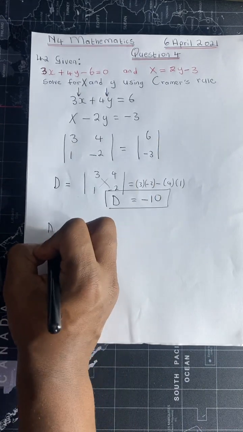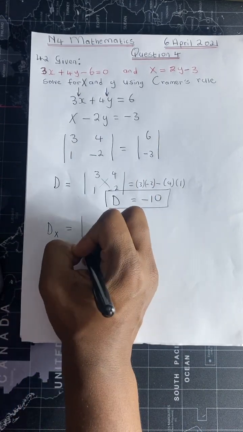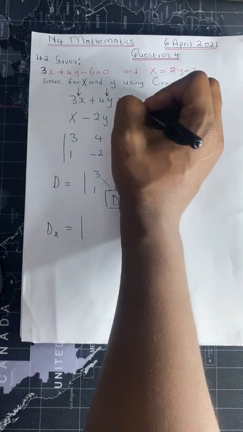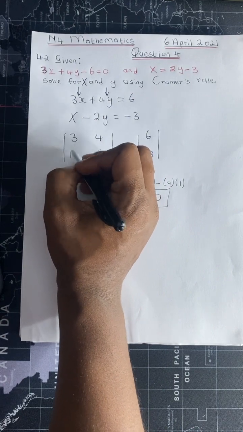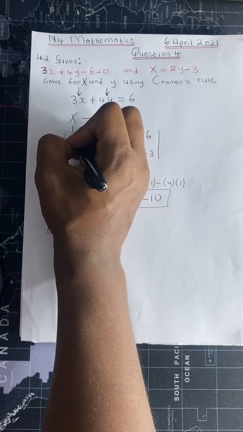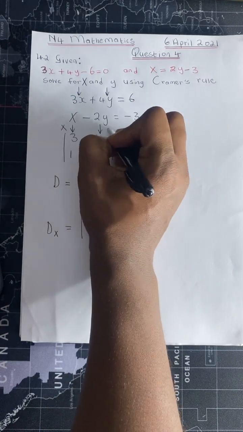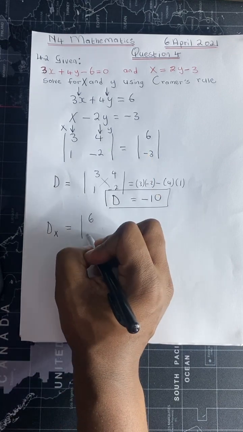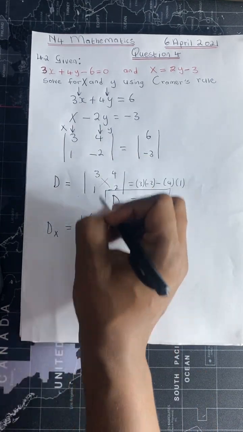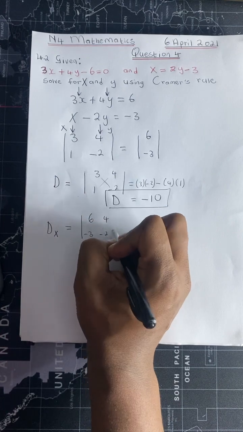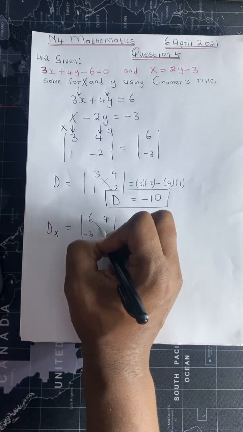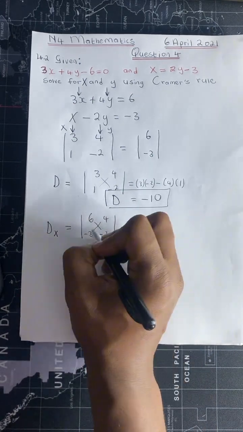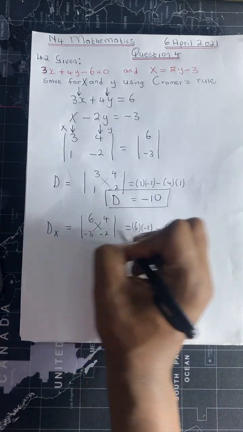So to find the dx determinant, we have to take these constants which are on our right hand side, and we replace them with the coefficients of x. So we take this and we replace them with the x's, 6 and negative 3, and we keep the y's, and this will be equal to, we cross multiply again, 6 multiplied by negative 2 minus 4 multiplied by negative 3.